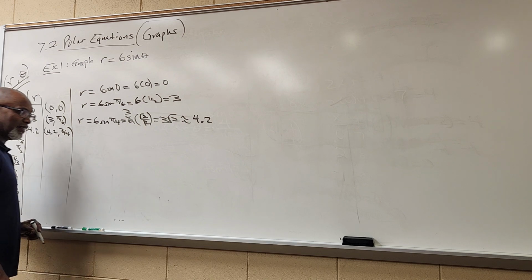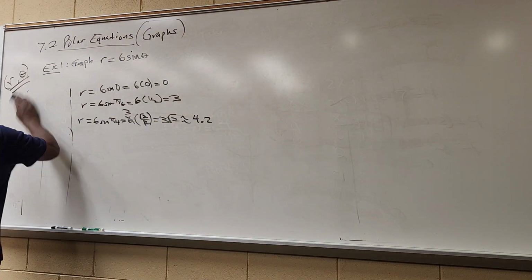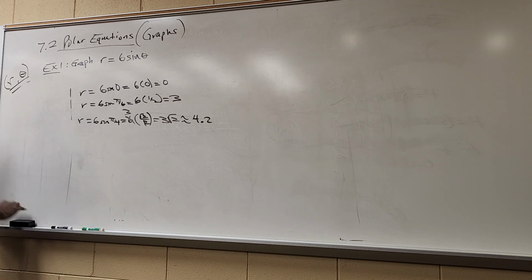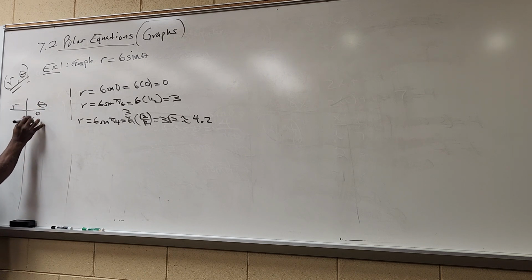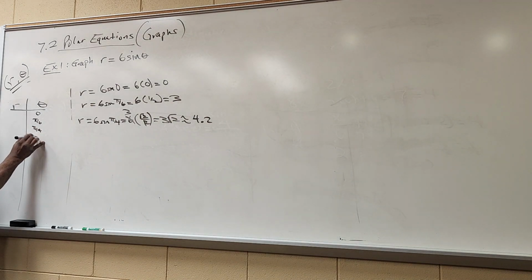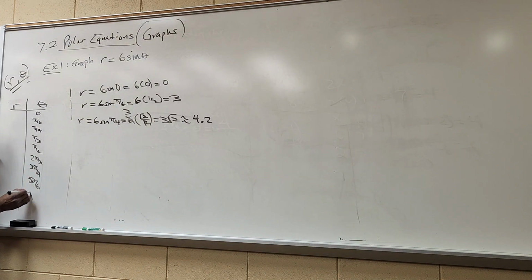And I can keep doing this. In fact, I do want to turn that around because it's going to be confusing. All polar points are r comma theta. It's going to be kind of weird how I write it, but I'm going to write r comma theta, and we're going to do the same points: 0, pi over 6, pi over 4, pi over 3, pi over 2, 2 pi over 3, 3 pi over 4, 5 pi over 6, pi.